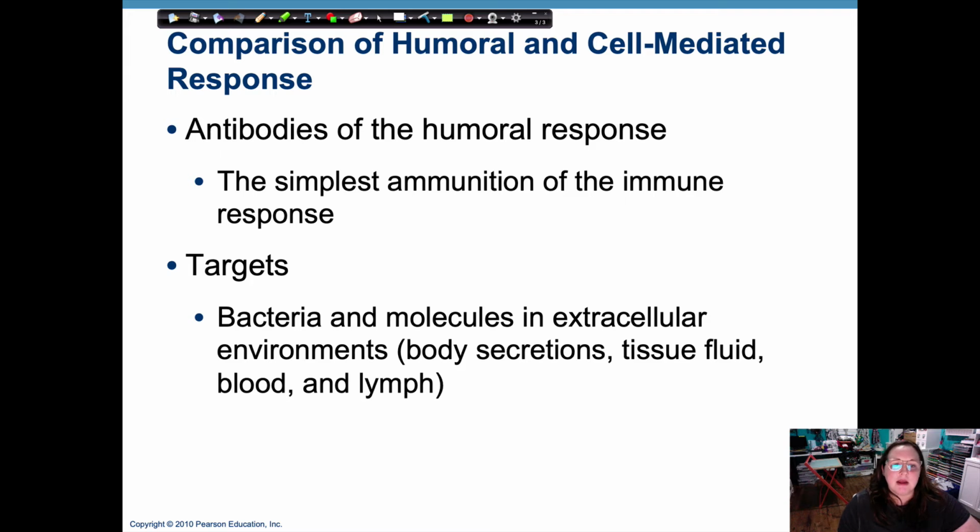So the main comparison between humoral adaptive immunity and cell-mediated immunity is really and truly the target, right? So the bacteria and molecules in extracellular environments, okay, these exogenous antigens, are going to be the target of humoral response, while the endogenous antigens are going to be the target of the cell-mediated response.